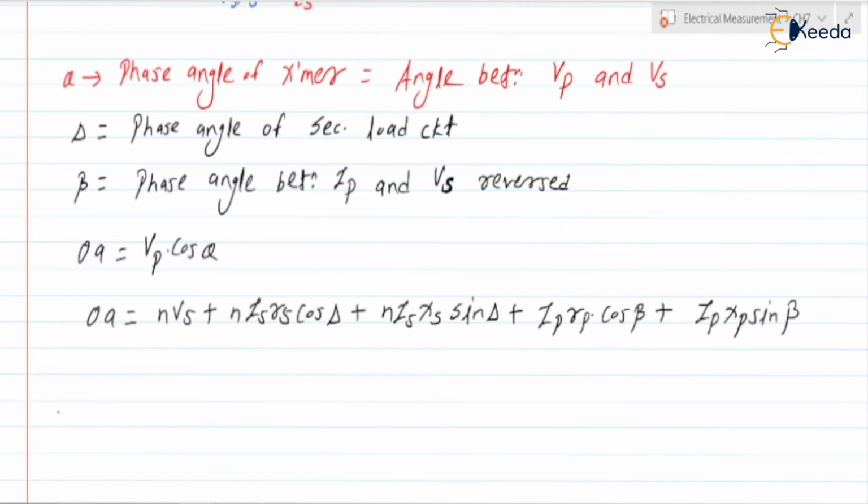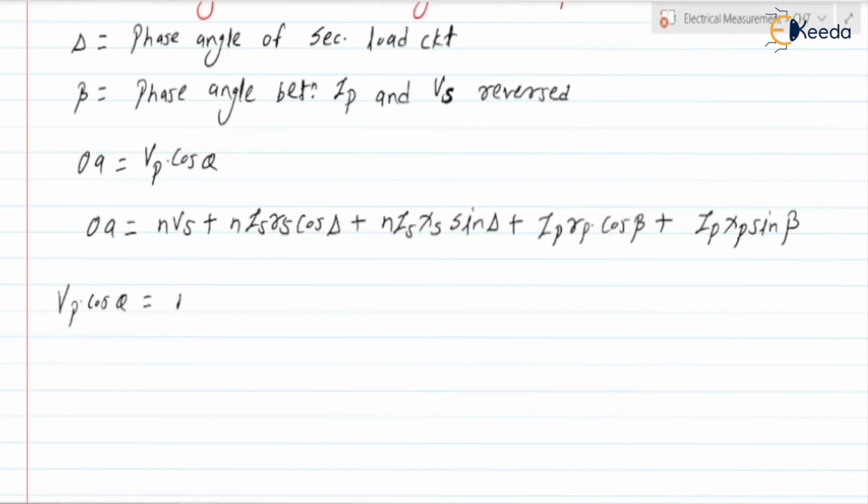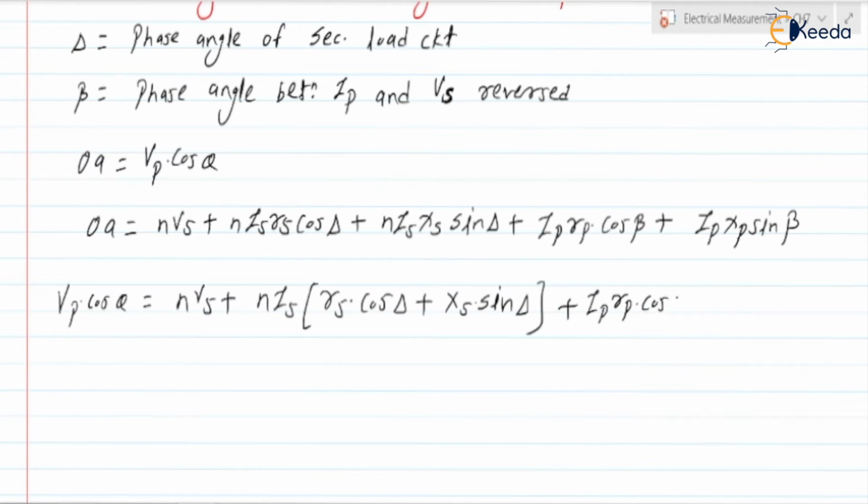Further, OA is Vp cos theta, which is equal to this term: N Vs plus N Is, taking N into Is common, Rs cos delta plus Xs sin delta, plus Ip Rp cos beta plus Ip Xp sin beta.